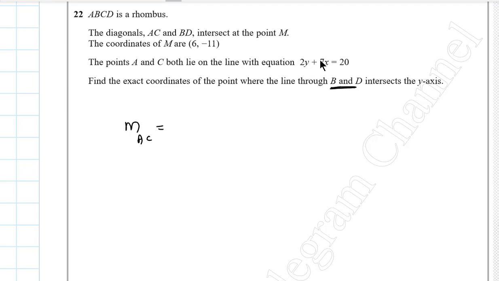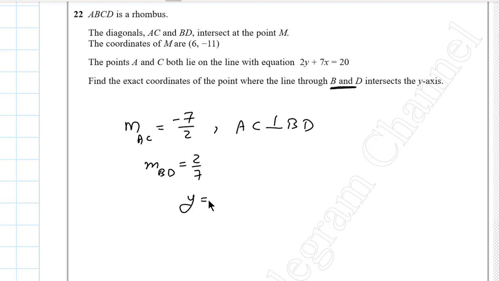To get the gradient, I will move 7x to the right hand side with negative sign and divide by 2, of course. So the gradient should be negative 7 over 2. And we know that AC is perpendicular to BD, right? So the gradient of BD should be 2 over 7 with positive sign.